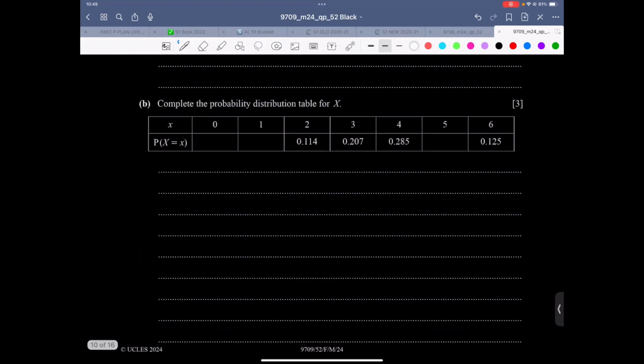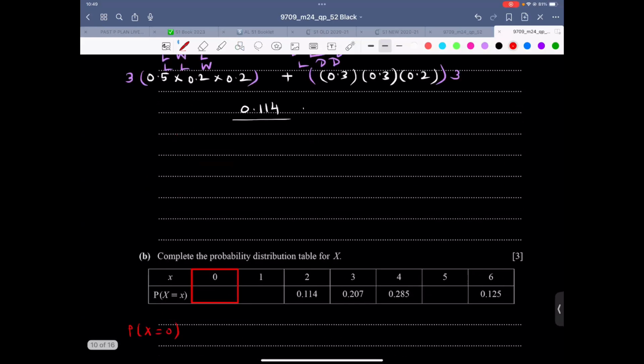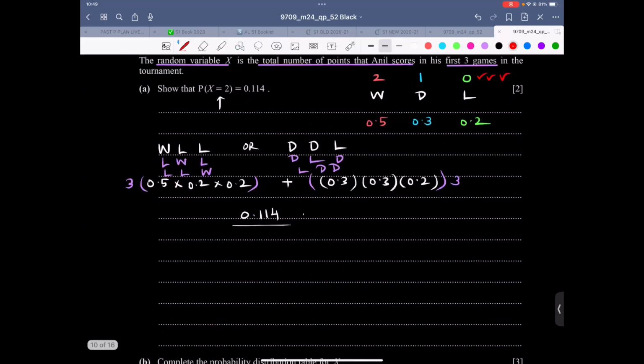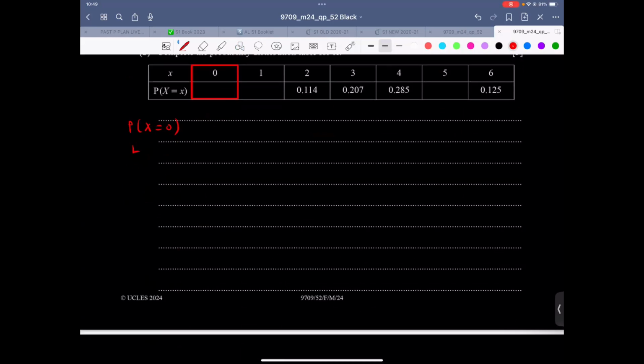The next part: complete the probability distribution table for X. Let us focus on getting a total score of 0, which is very easy. How can you obtain a total score of 0? Probability X equals 0 can be obtained if he's scoring 0 points in all 3 of them. So that is loss, loss, loss.